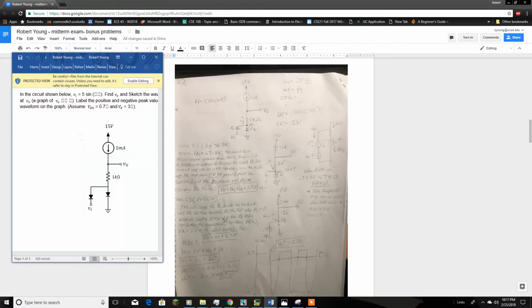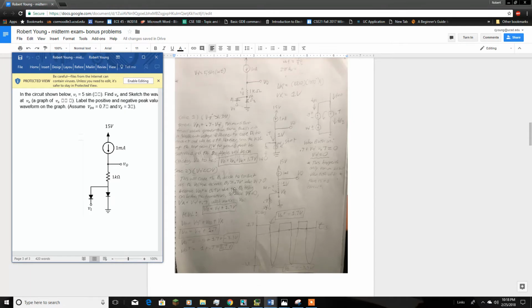Then that allows us to do a KVL going from V_I to V_out, which is represented by this equation right here: the input waveform plus 1.7 volts, which we get from adding the voltage across D1 and then the voltage across V_R going to V_out.